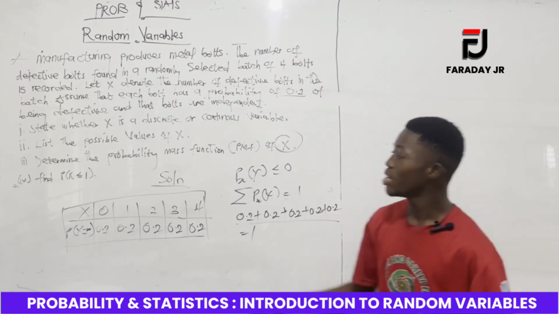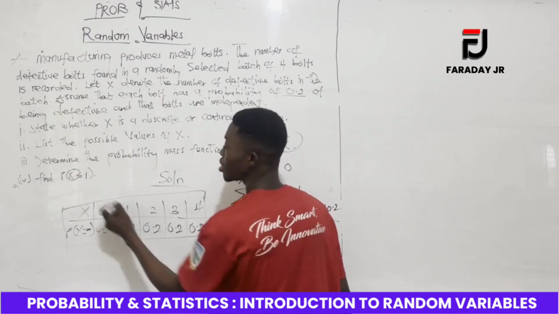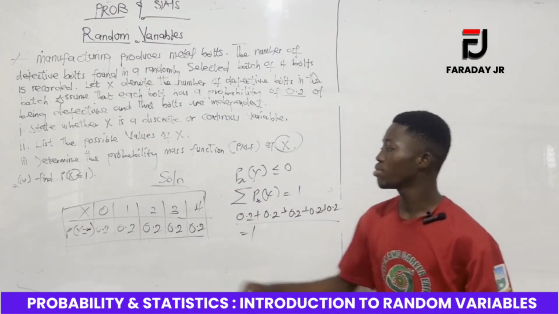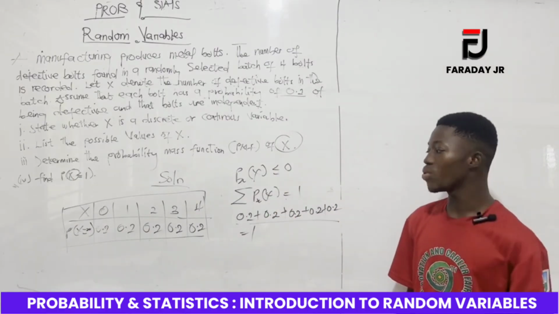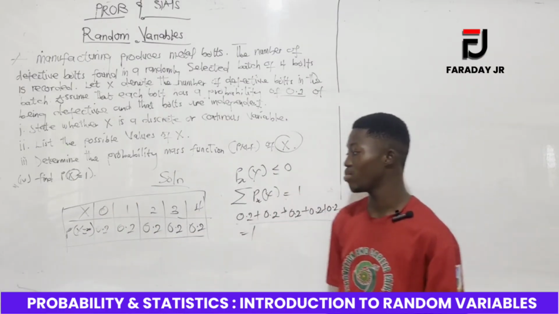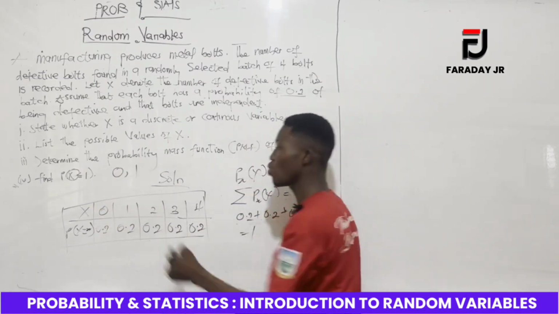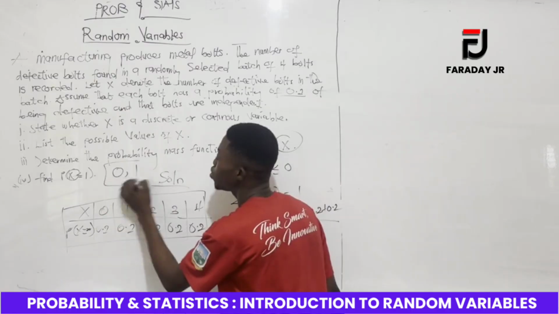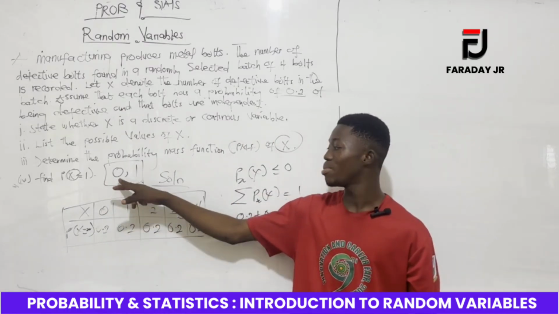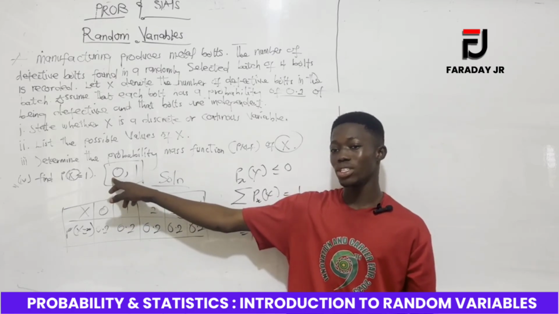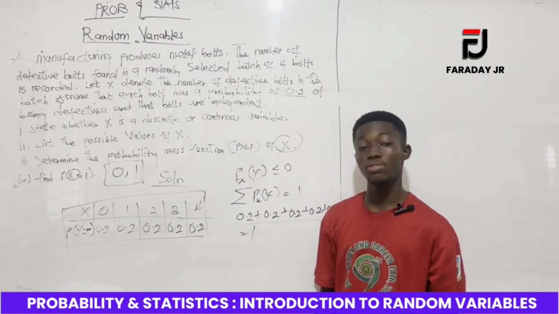They are telling us to find the probability of x less than or equal to 1. For this, we just come to the table. It is simple. Less than or equal to 1 can range over 0 and 1. These are the two values we are looking for. They are simply asking us to find the probability that no bolt was defective and the probability that one bolt was defective.